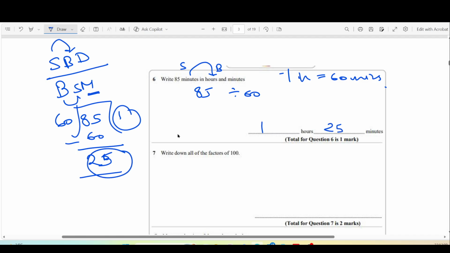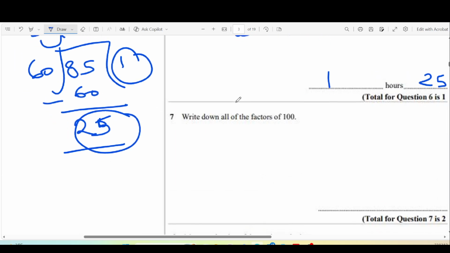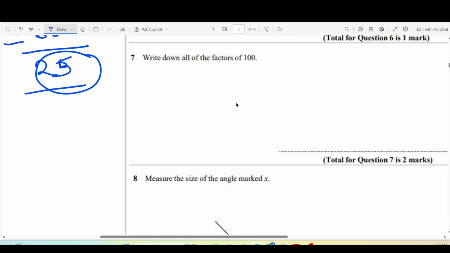Remainder will go here. Write down all the factors of 100. Factors means numbers with which we can divide 100 completely with 0 remainder. So we will list all the numbers or pairs to ensure none of them are missed. So 1 times 100 we can start. 1 times 100 is 100, right?